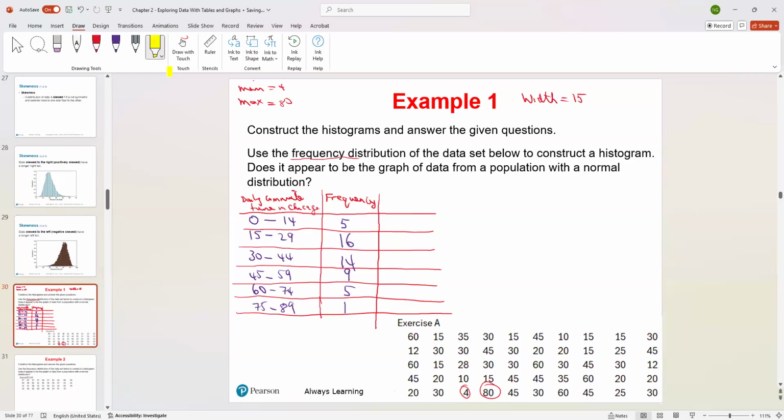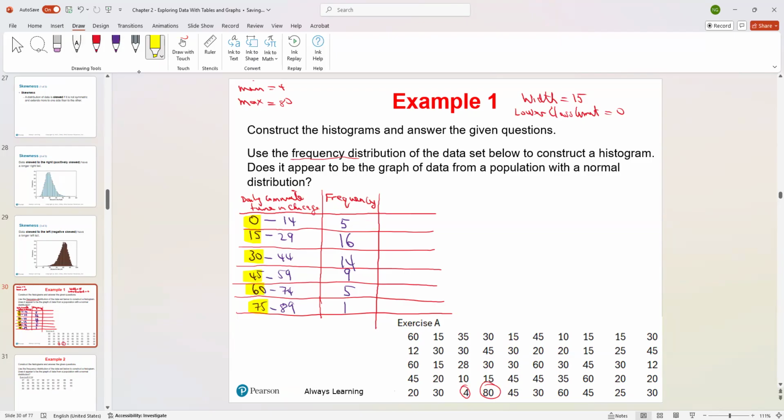If some of you forgot how to construct your classes, I would strongly advise you to review section 2.1. So we start with lower class limit 0. If you start with 0, 0 plus the width, which is 15, makes 15. 15 plus 15 is 30. 30 plus 15 is 45. 45 plus 15 is 60. 60 plus 15 is 75.